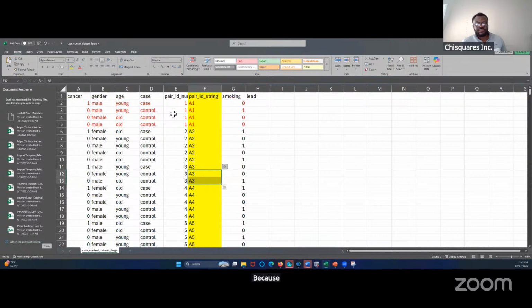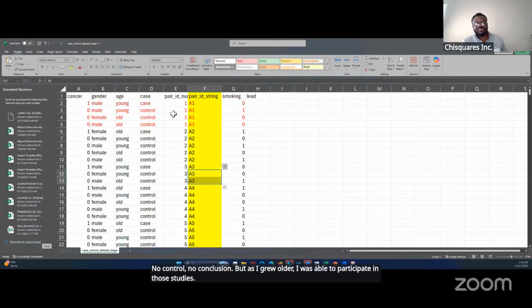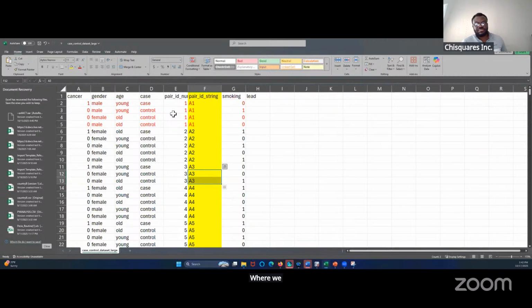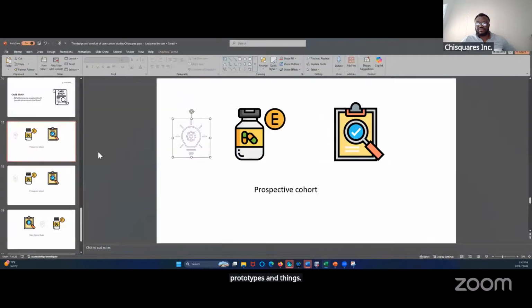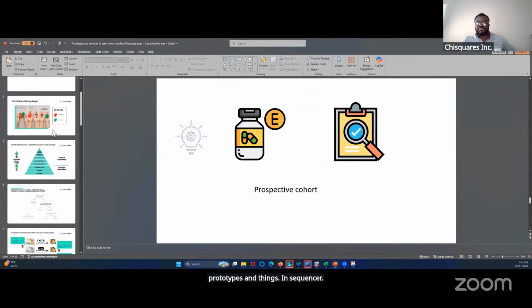Because I know that what I learned in my basic epidemiology is no control, no study, no control, no conclusion. But as I grew older, I participated in studies where we looked at hemoglobin F and some comorbidities and phenotypes in sickle cell, and we did not use controls.